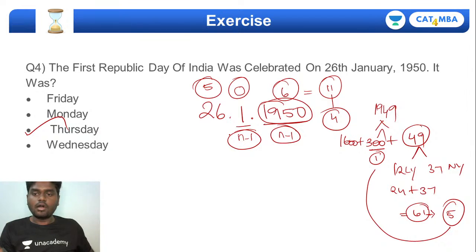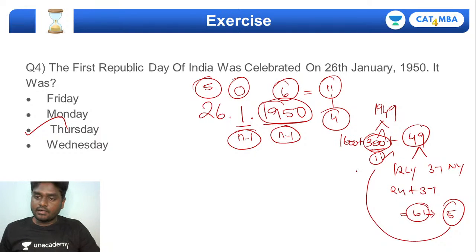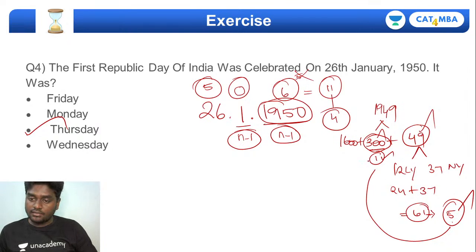Normally people make this mistake that Aryan made, and they will also forget to add this one odd day for 300 years. Despite getting 5 odd days for the 49 years, they'll simply write 5 odd days here. Don't do that. Try to add this one odd day for 300 years also. Some people forget it sometimes.